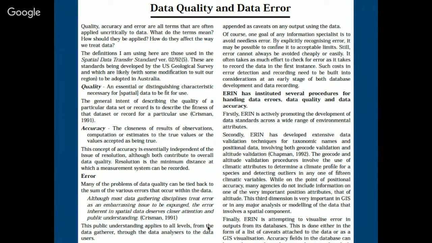The buzz phrase today is fitness for use. They talk about data quality as an essential or distinguishing characteristic necessary for spatial data to be fit for use. Accuracy, the closeness of results of observations or estimates to true values. What is error? And so ERIN has instituted several procedures for handling data errors, data quality, and data accuracy.